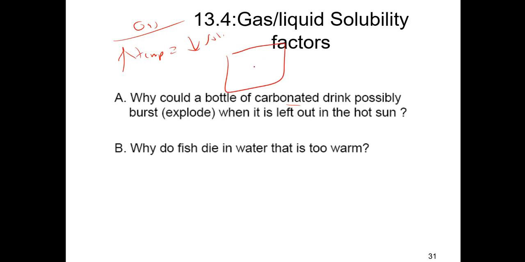Here's my soda. There's my carbon dioxide. And when we blast it with the sun, it gets hot. All that carbon dioxide, because it's not dissolved in liquid, is going to go into the empty space, into the air inside the soda can. And eventually there will be so much carbon dioxide that builds up in that empty space that it's going to cause the soda can to burst.